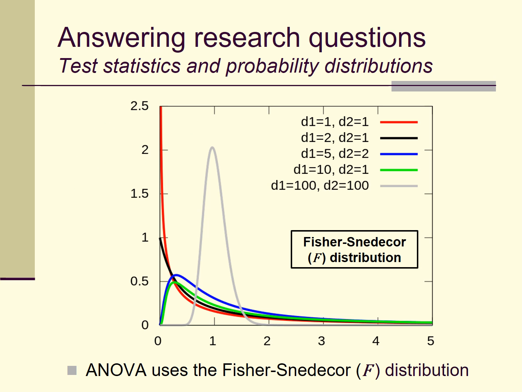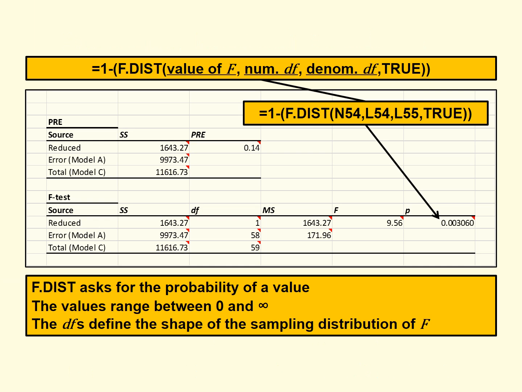So for instance, when we're doing an ANOVA and we calculate an F statistic, we assume that that F statistic comes from a probability distribution or a sampling distribution that's called the Fisher-Snedecor distribution, and that is really the name. I just double-checked it. Now that's a distribution of all the possible values of F that will occur under a particular null hypothesis.